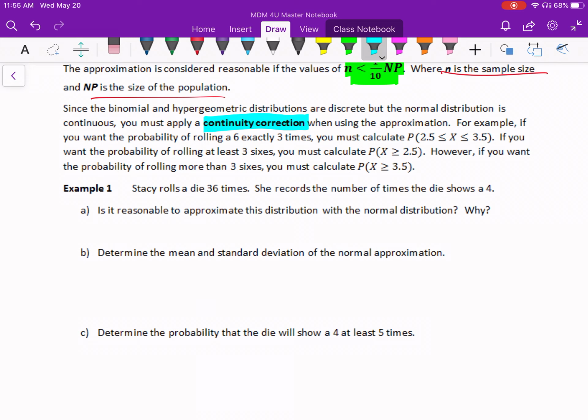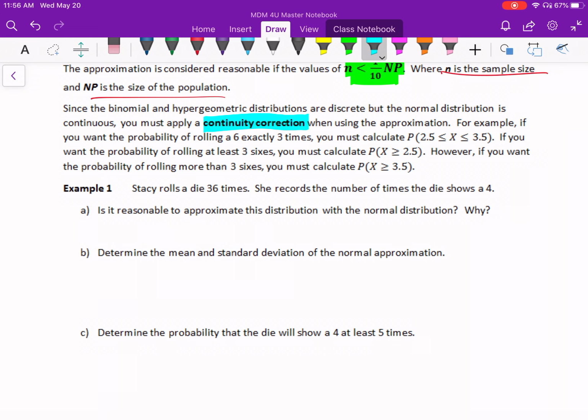Since any single probability on the normal distribution is 0, we give ourselves a range. So if we want exactly 3 times, we find the probability between 2.5 and 3.5, so halfway to 1 unit below and halfway to 1 unit above.